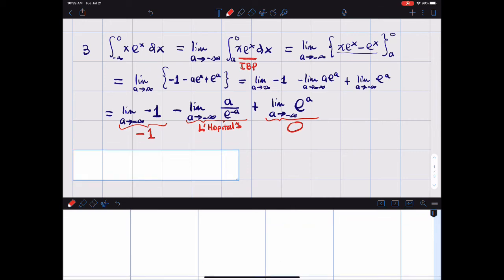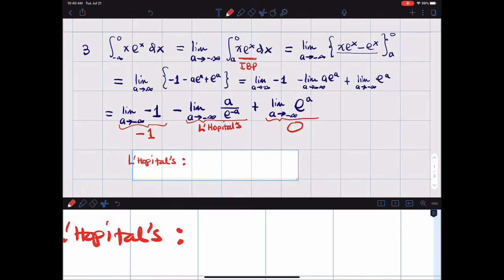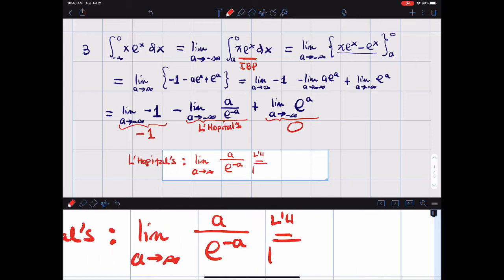So let's apply L'Hopital's rule. This is the limit as a goes to negative infinity of a over e to the negative a. L'Hopital means you take the derivative of the top and you take the derivative of the bottom.